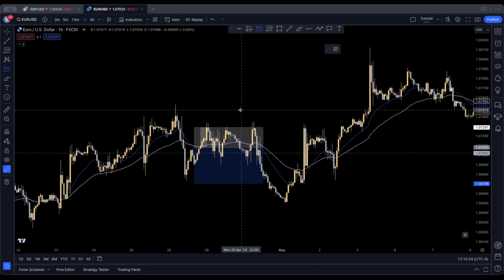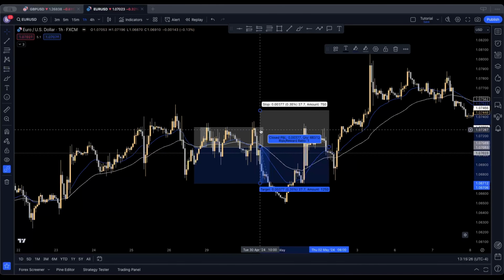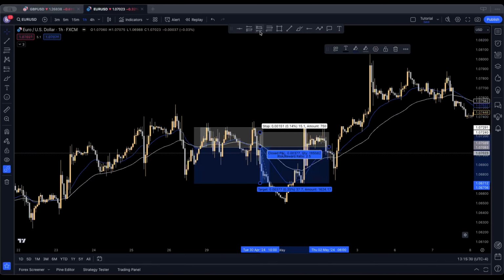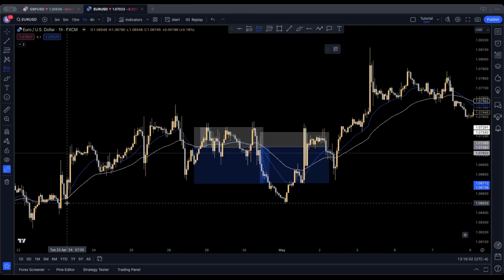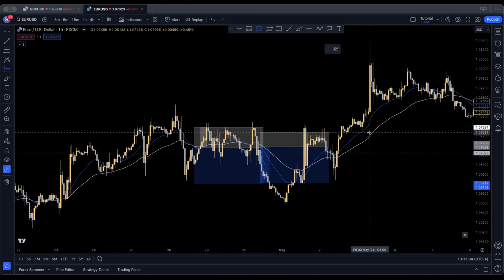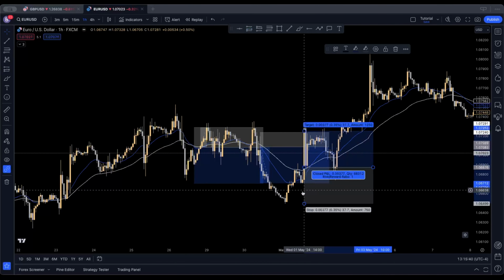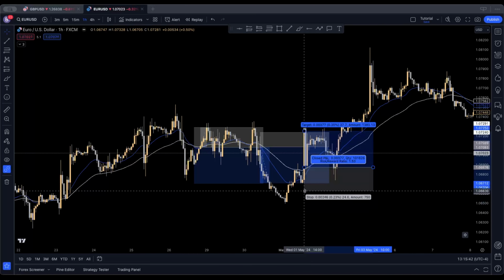You see another crossover here, so you take another entry here. You see another crossover here, so you take another entry here. That is a very common mistake people make.